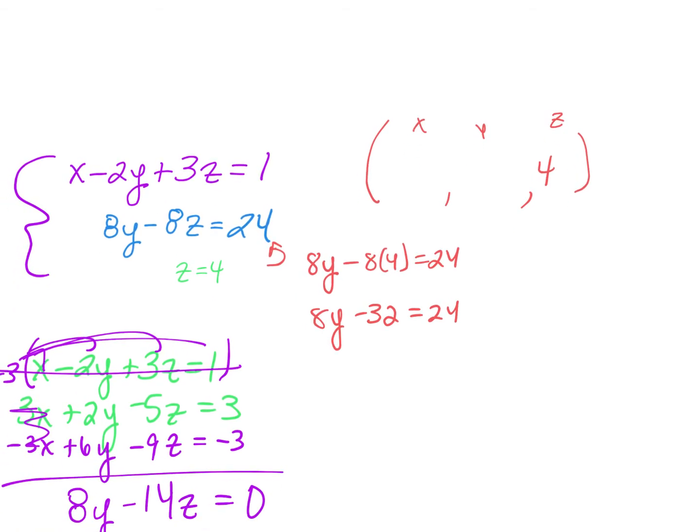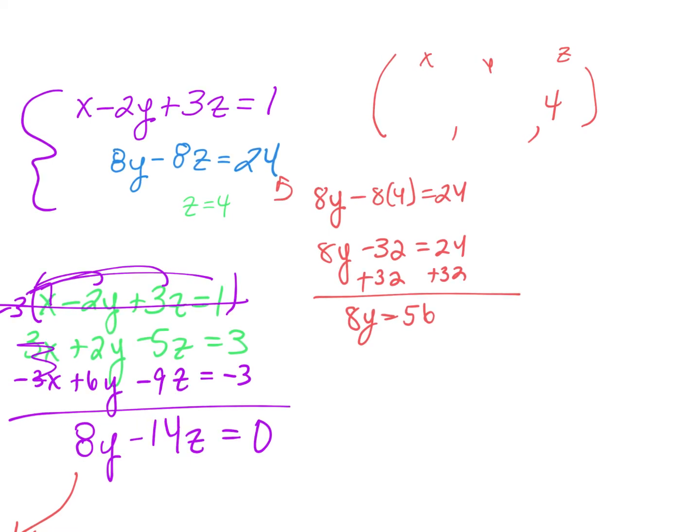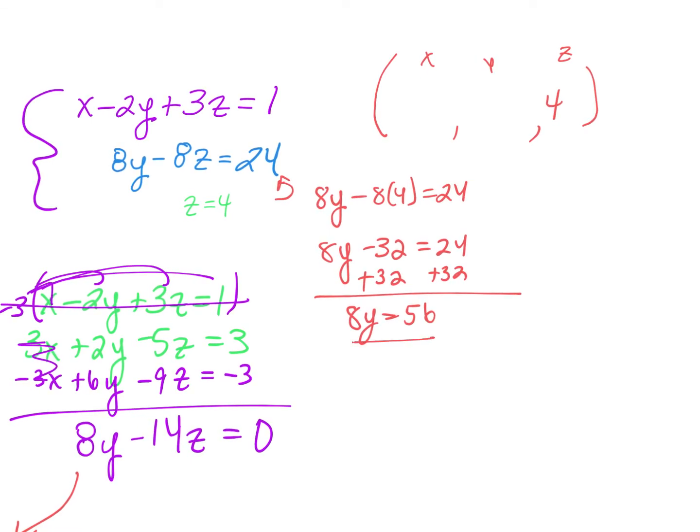What do I do to both sides? Add 32. So 8y equals 56. Now what? Divide both sides by 8. And y equals? Perfect, 7.